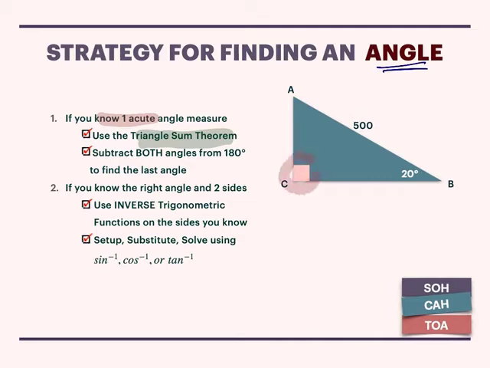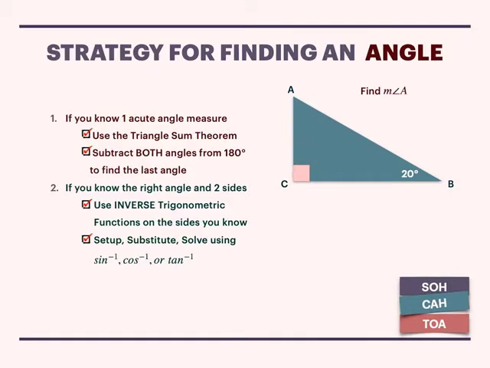Since these are right triangles, we've already taken away 90 of it. So these two, angle A and angle B, have to add up to the rest of the 90. So if I just subtract 20 from 90, I just found that other angle. This would be the quickest way if you're fortunate enough to be given one angle, because you have the right angle. That's that example.